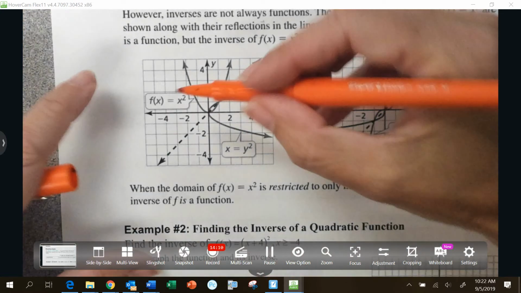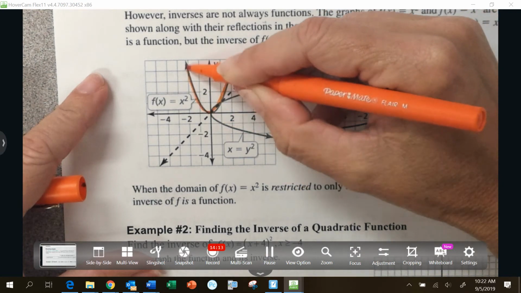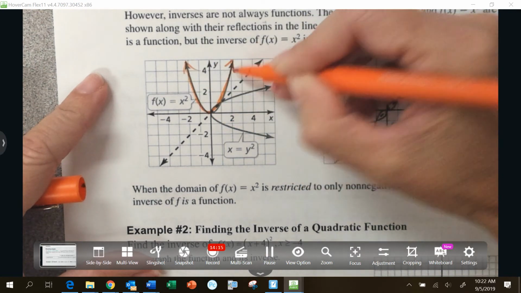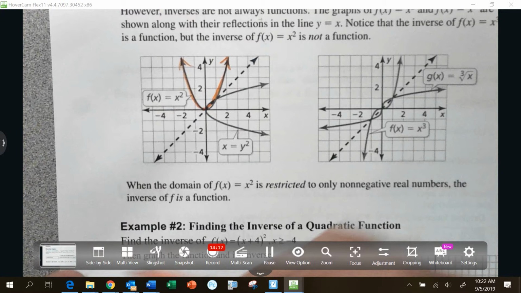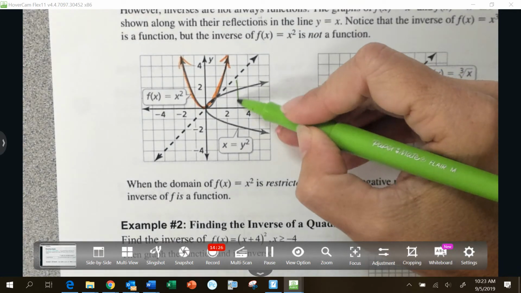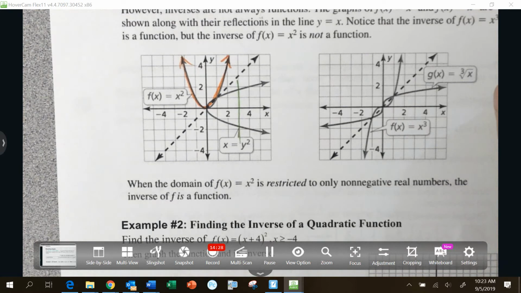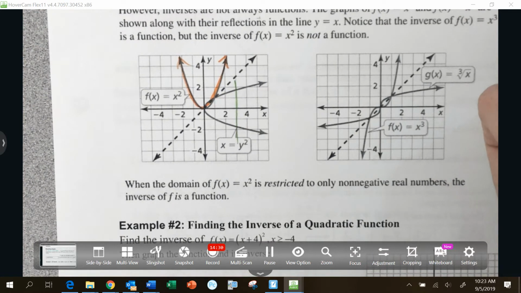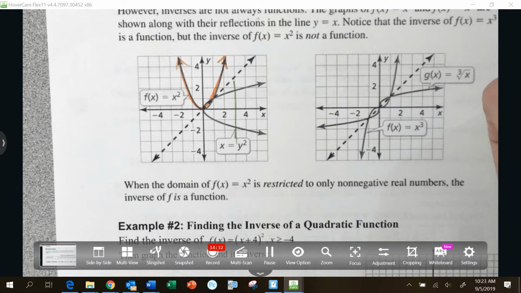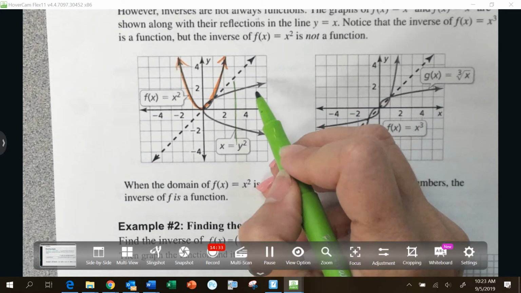So if we have inverses of nonlinear functions, here my original function is f of x right here, and that is a parabola. That is quadratic, f of x equals x squared. But when I flip that over the y equals x line, when I inverse that equation, is it a function anymore? It's not a function. It still is an inverse.